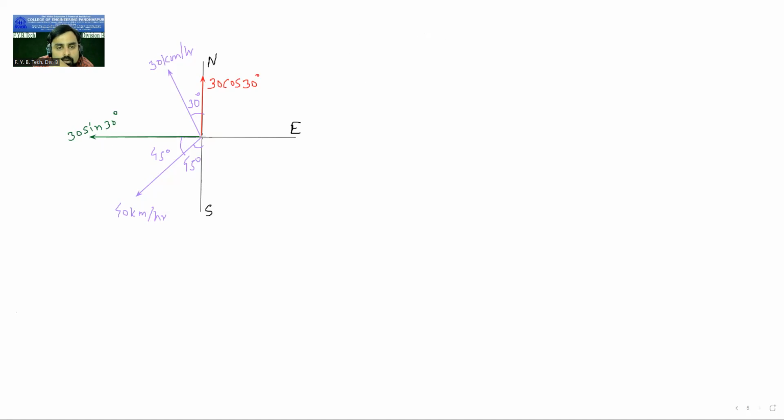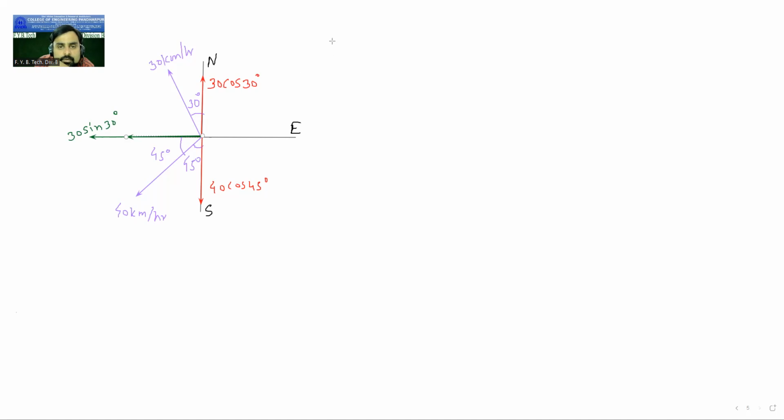Okay. Now resolve the other velocity. So here if I draw this, this component will be in this direction. And this is 40 cos 45. And in another direction, we will get one more component.